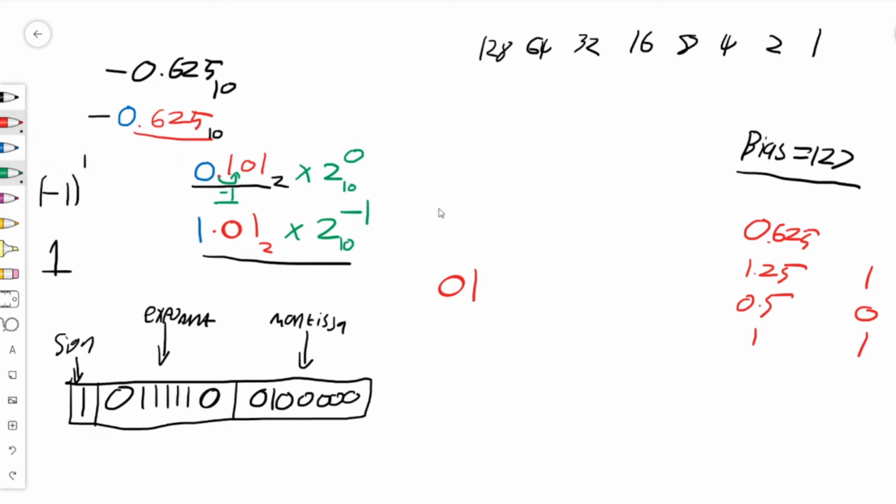Our exponent is the bias plus this value here from our exponent, so our bias plus minus 1, converted to base 2. So 127 is our bias as we previously discussed. So 127 plus minus 1 equals 126. Now let's convert that into binary.